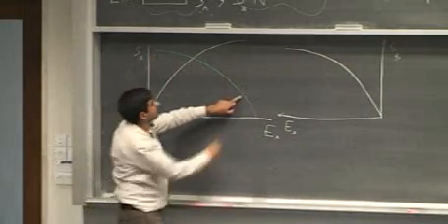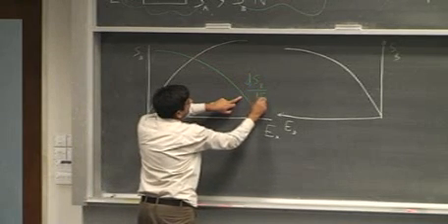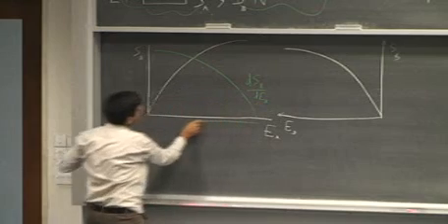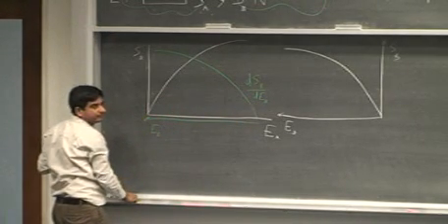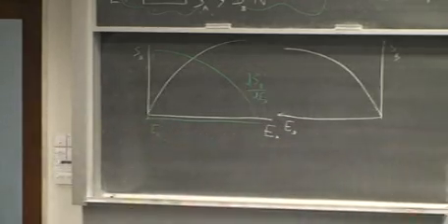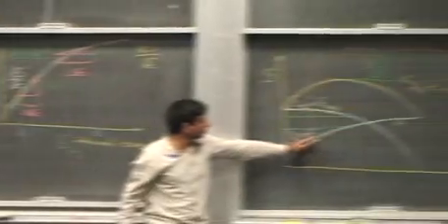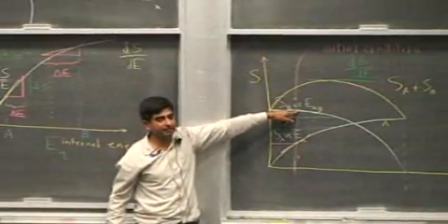This is the dSB over dEB graph, because for this graph the axis is EB. Alright, so both of these slopes are positive. This is a positive slope and this is a positive slope when we consider SB versus EB.